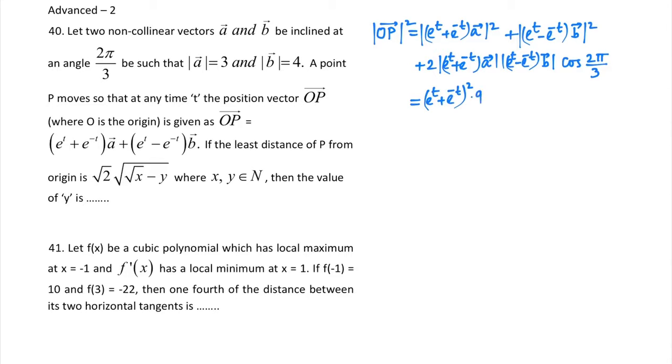With that there should be a 9 because mod a is 3, plus (e power t minus e power minus t) whole square into 4, and then cos of 2 pi by 3 is minus half, so that will get cancelled with 2 and we will be getting 12, that is mod a into mod b, 12 into (e power t plus e power minus t) into (e power t minus e power minus t). So that is the simplification.